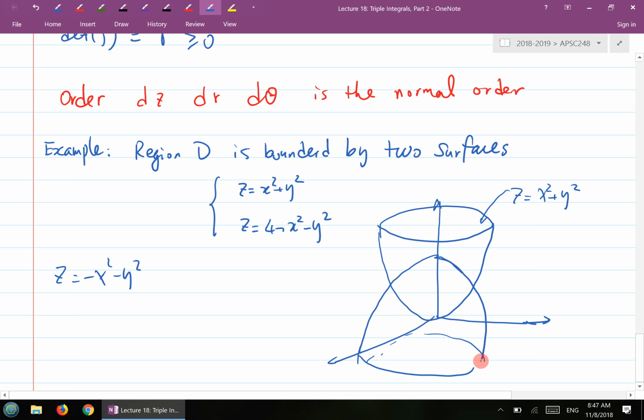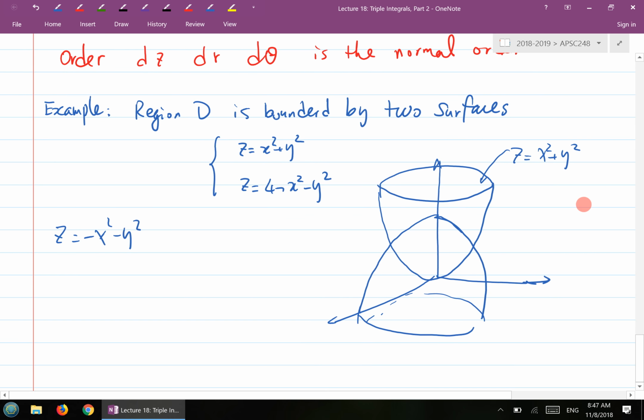It's like you have 2 bowls, one pointing up, one pointing down, and they're on top of each other. The middle space is the region D. These 2 paraboloids give you an intersection over here, and this whole part is the region D.